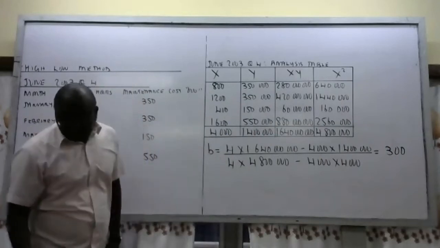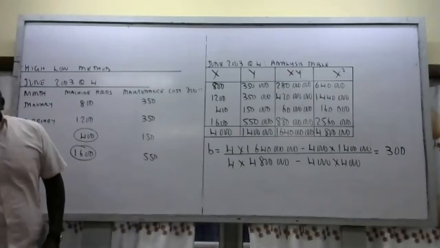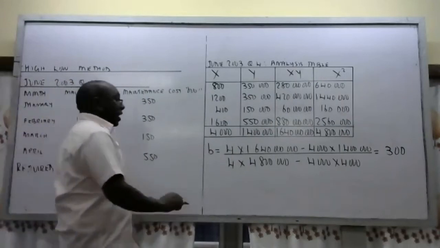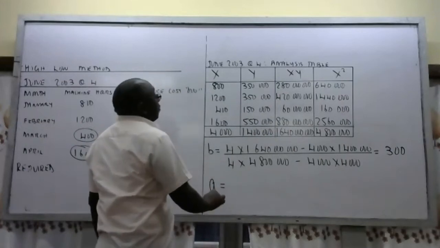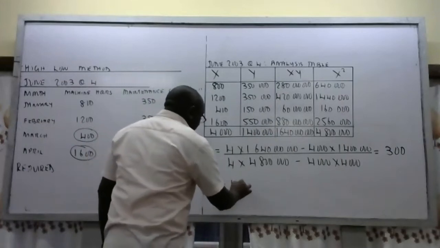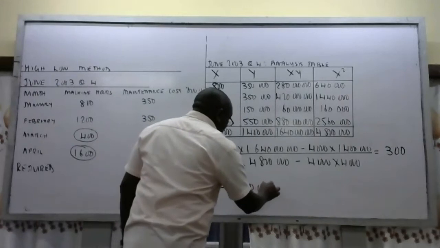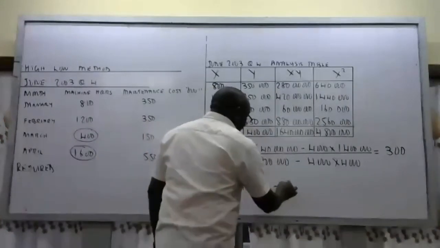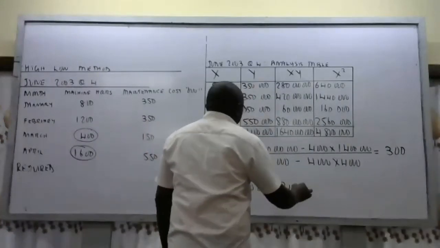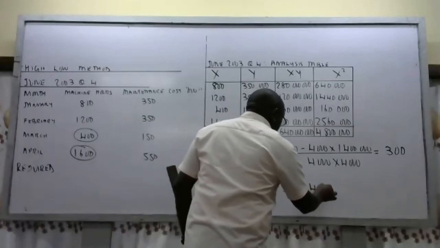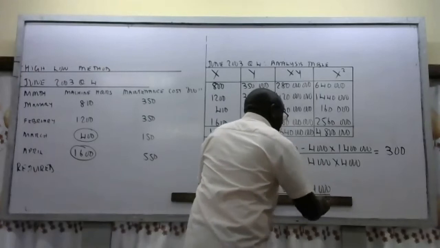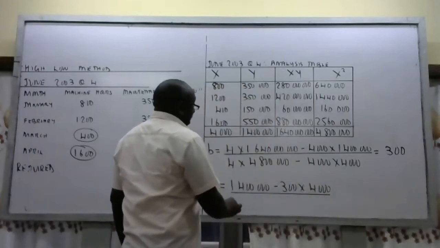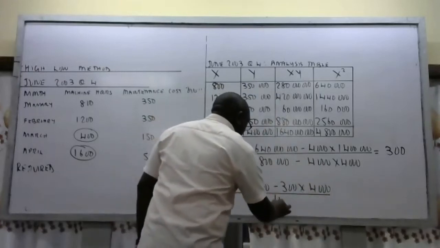So with 300, we proceed to get the value of A. A will be sum of Y, which is 1,400,000, minus 300 times sum of X, which is 4,000. You divide by N, which is 4.